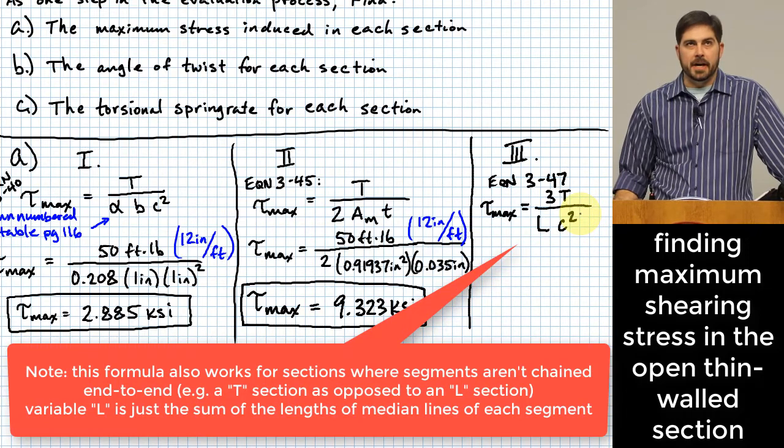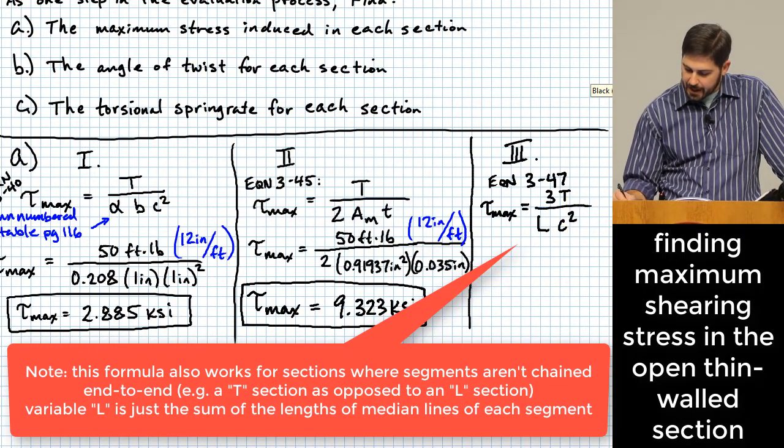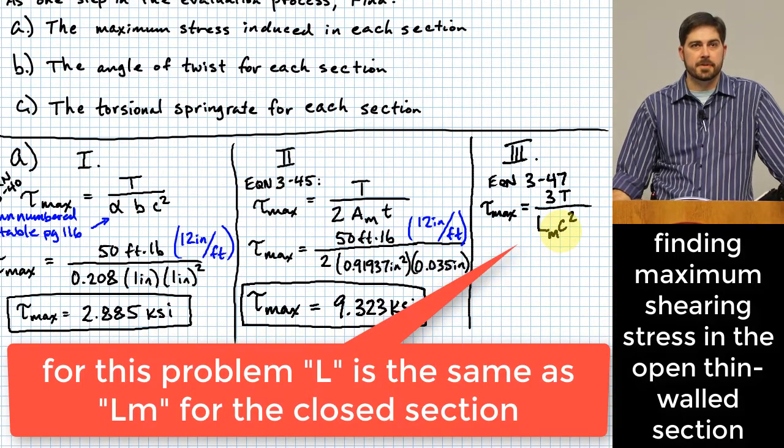Okay, and the L that we're talking about there is the length of the median line. So I'll go ahead and put that in there, that is L sub M.